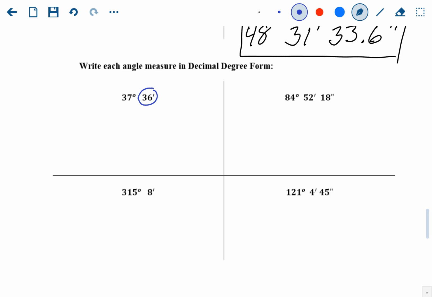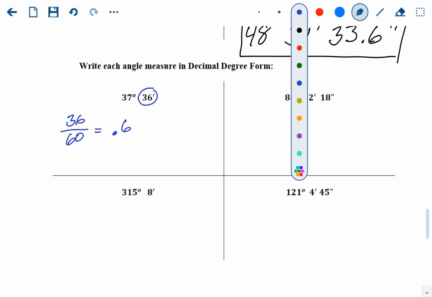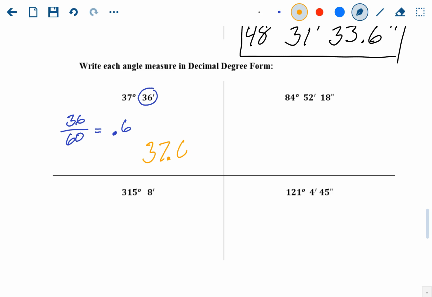Take the minute portion, 36, divide it by 60, and 36 divided by 60 is 0.6. Okay. There's no seconds on this, so we'll just write it as a decimal. 37.6 degrees. There's nothing to add on that one.